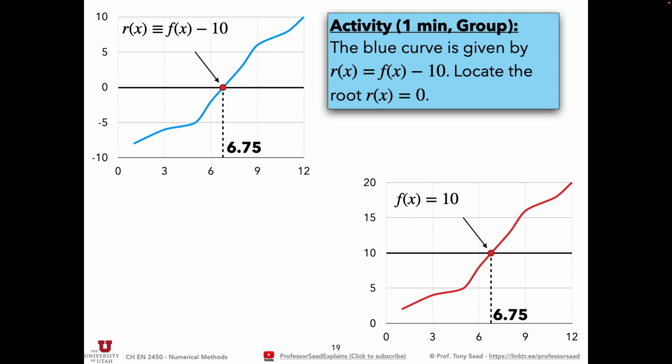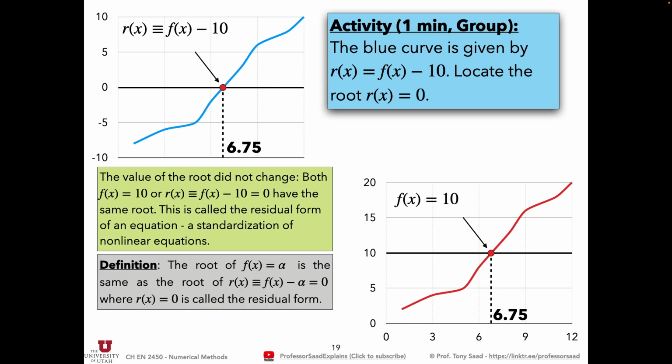So the root of f of x minus 10 equals 0 is the same root as f of x equal 10. That's all I'm saying here. Okay? Right? So the root of f of x equal alpha in general is the same as the root of r of x equal f of x minus alpha. So that's the new definition. We moved everything to the left-hand side, equals 0.